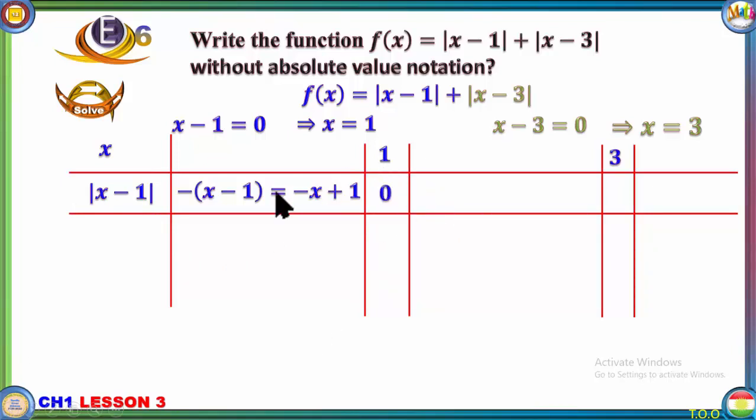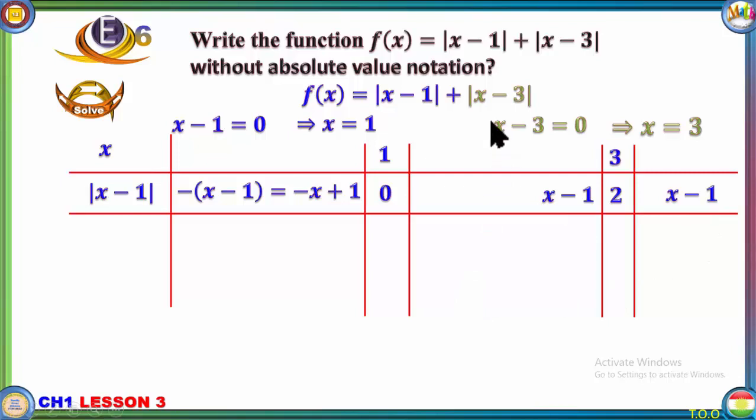Bigger than 1, this absolute value is positive, then it is x - 1. Then replace x with 3, 3 - 1 is 2. Bigger than 1, here is positive, then it is x - 1.